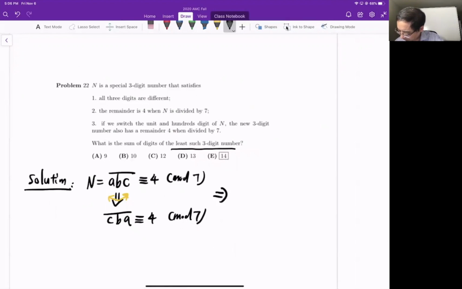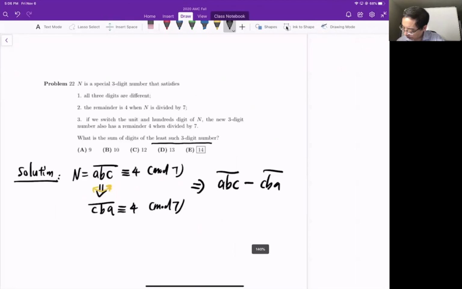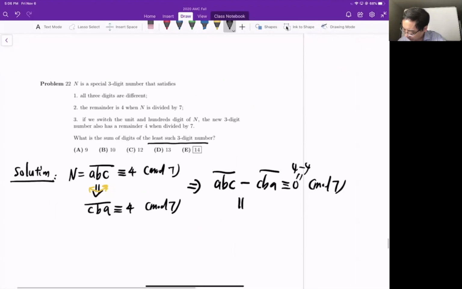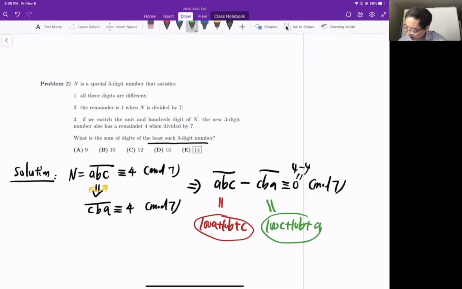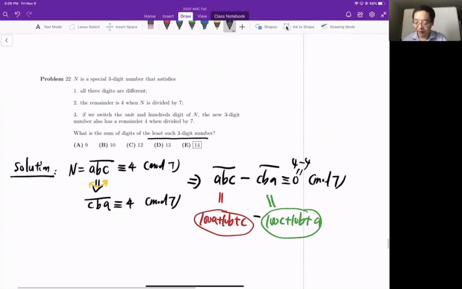From here, ABC minus CBA divided by 7, the remainder is 0, right? It's 4 minus 4 is 0. Therefore, this just means it's divisible by 7. Let's write this out. ABC equals 100A plus 10B plus C. And the other one equals 100C plus 10B plus A. Now we take the difference of these two.